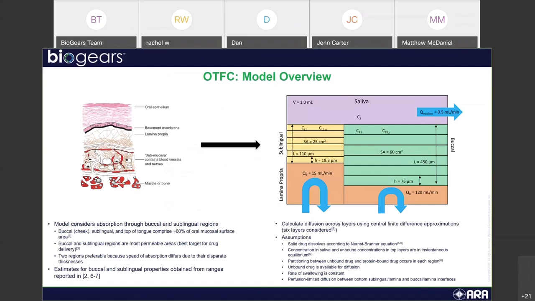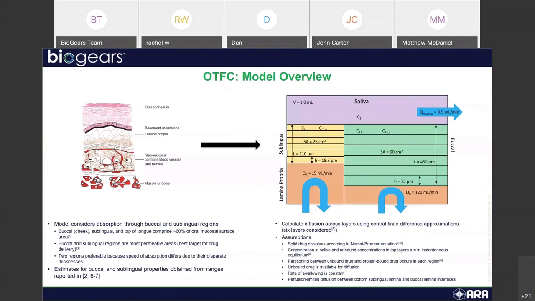So for the OTFC model, what we decided to do is consider that the drug can be absorbed in two regions in the mouth: the buccal, which is the cheek region, and the sublingual area. We're looking at these two regions specifically because they're the most permeable, so you get a lot of drug absorption in those sites. The reason we looked at two different regions as opposed to one combined area is that there is some difference in speed of absorption between them.